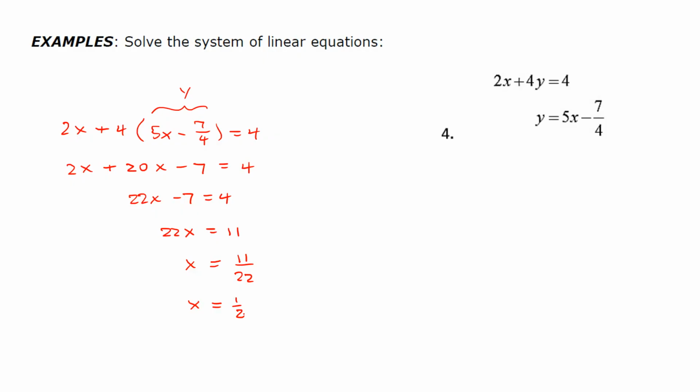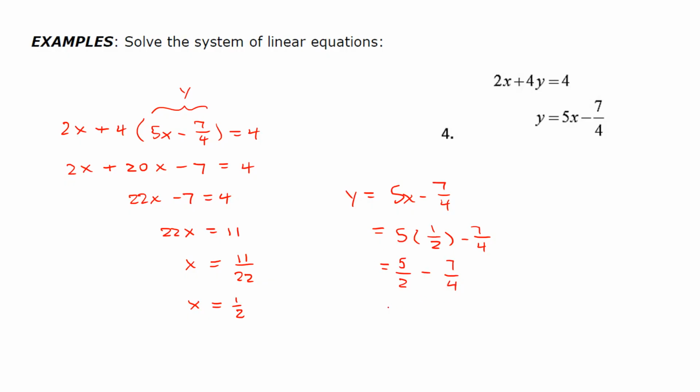Now that I know what x is, I can substitute it into the equation for y in order to determine the value for y. So y = 5x - 7/4. I'll substitute in 1/2, and then I'll simplify. So 5 divided by 2 minus 7 over 4.